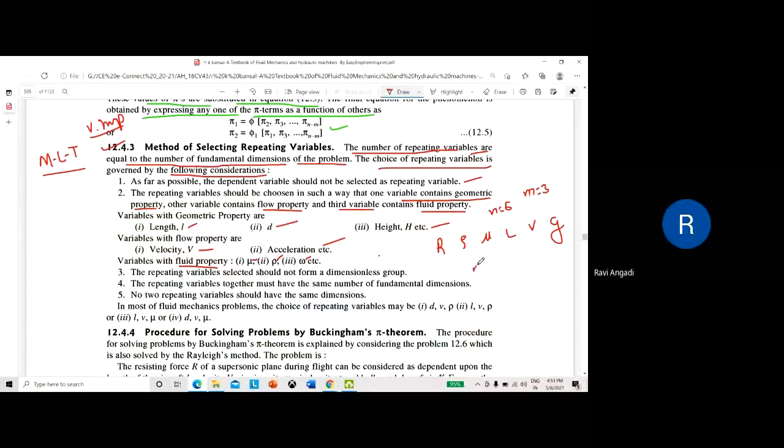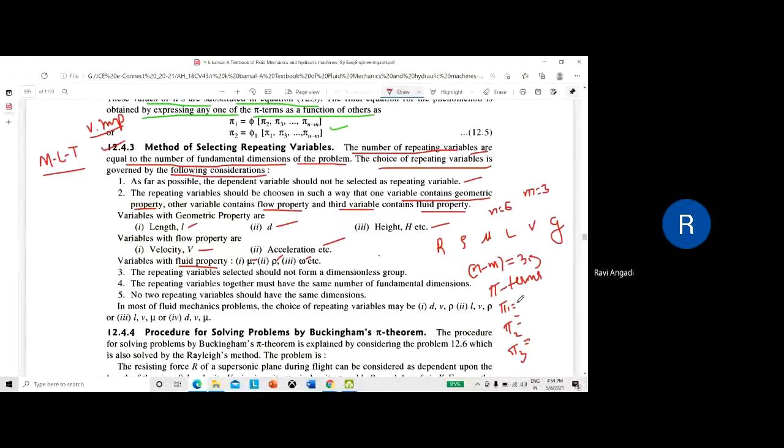Then n minus m equals 3, and these three are called pi terms. Then how many pi terms should I get? 3: pi 1, pi 2, pi 3. Then I have to write the expression for pi 1, pi 2, pi 3.